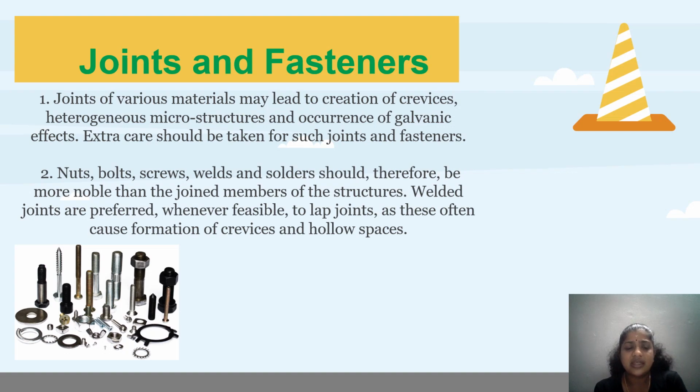Welded joints are preferred whenever possible to overlap joints, as these often cause formation of crevices or hollow spaces. There are a few types of nuts, bolts and screws, for example in the bottom of the picture.